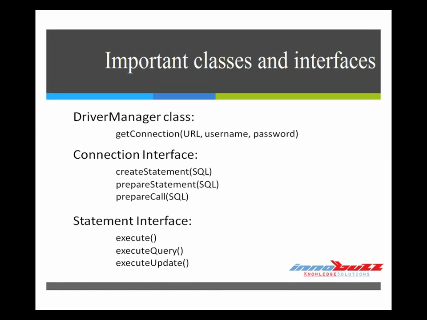We can get this by calling the statement's getResultSet method. executeQuery returns the ResultSet object. executeUpdate returns an integer representing the rows affected by the SQL statement. It is used when update, insert, or delete are executed.